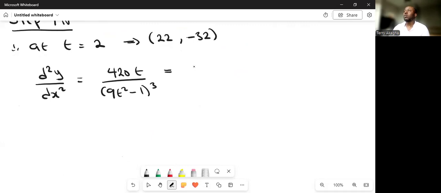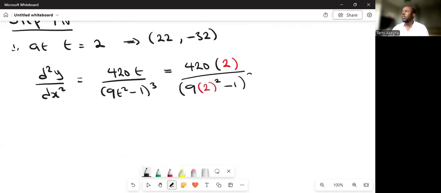So that means we're going to substitute the value of t here. So we're going to have 420 divided by, now t is going to be 2, close the bracket, now divided by 9 into bracket 2 all squared minus 1, all raised to the power of 3.